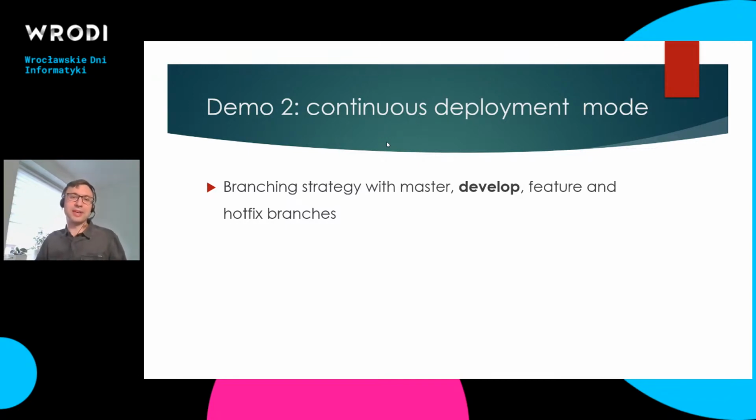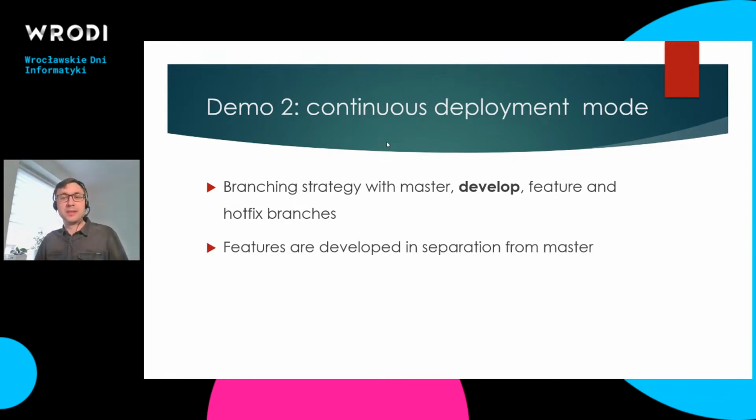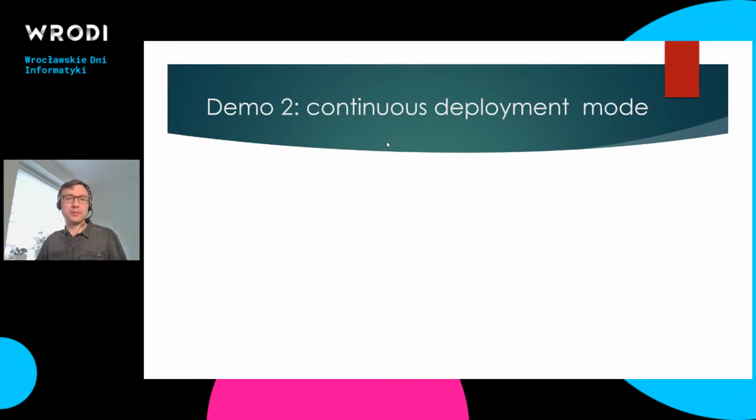Most of the projects I worked on followed this branching strategy. Features are developed in separation from master and also from develop. And we have a workflow defined for hotfixes.